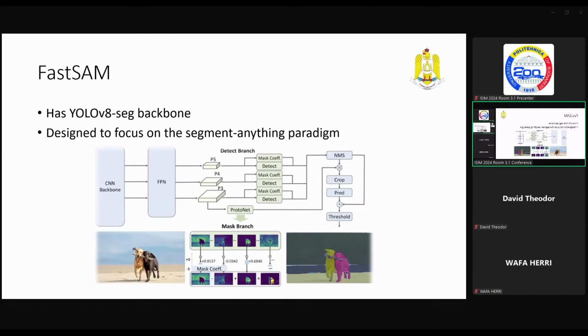This is its architecture. It's also based on the YOLOv8 backbone, so the convolutional network part. Then we have a feature pyramid from which we extract the third level, the fourth one, and the fifth one.